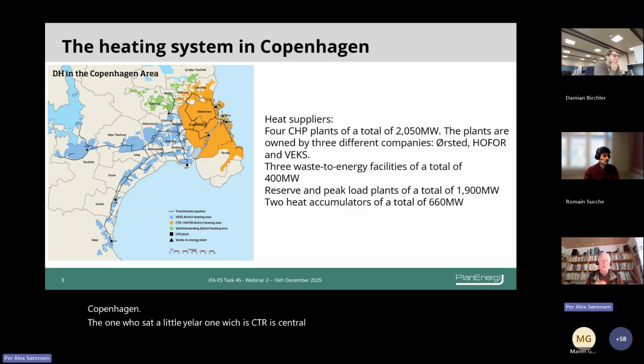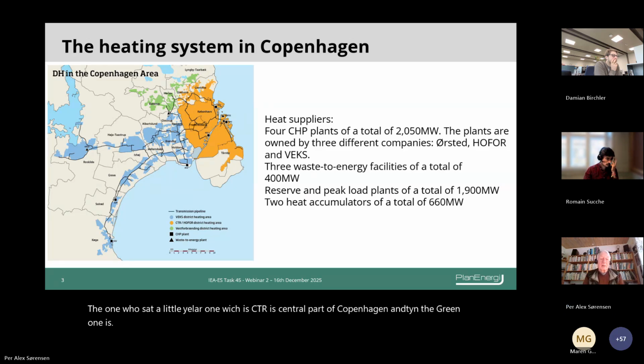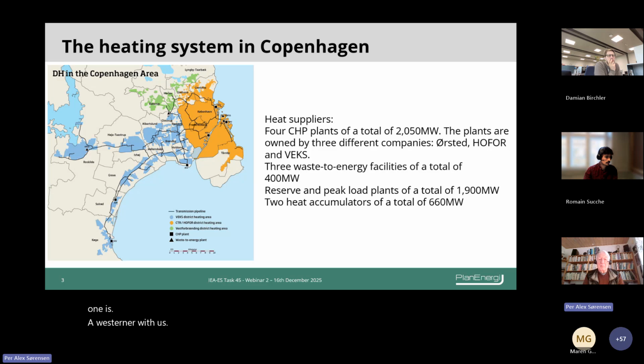And then the green one is Vestforbrænding, which is a plant that burns waste and distributes heat in the northern part of Copenhagen. So these 3 areas are then connected to distribution companies. And for instance, for Vex, there are, I think, 18 distribution companies.